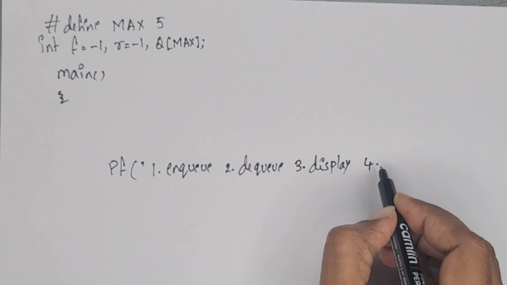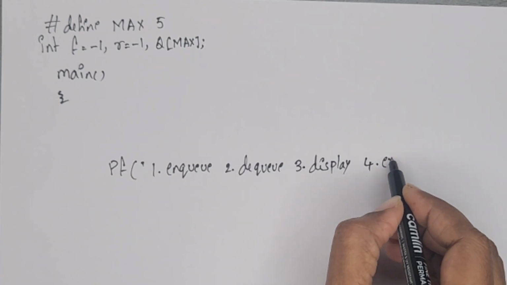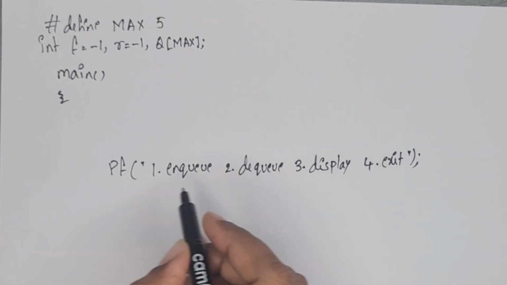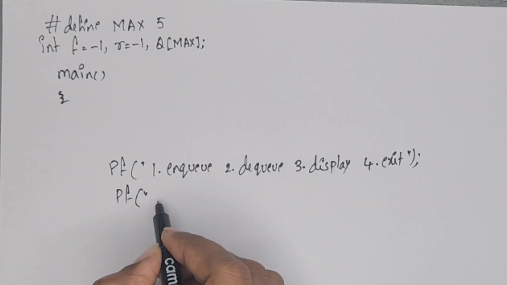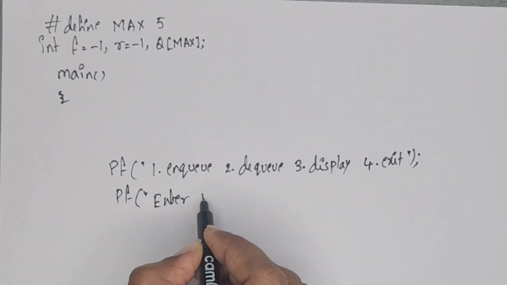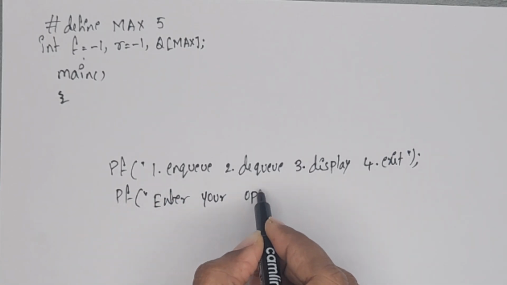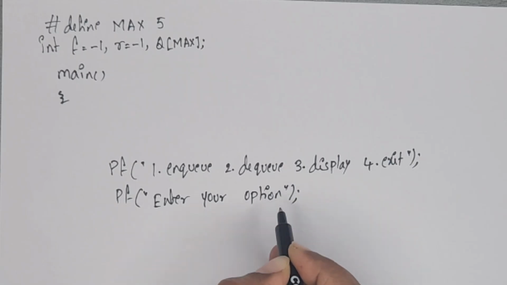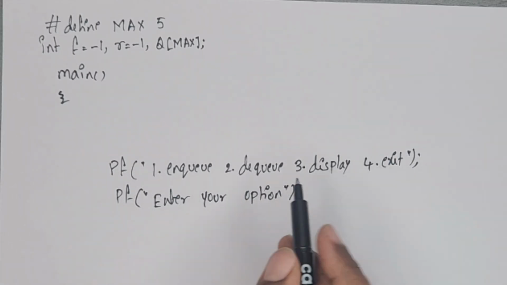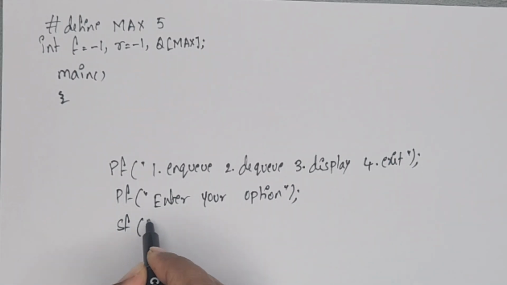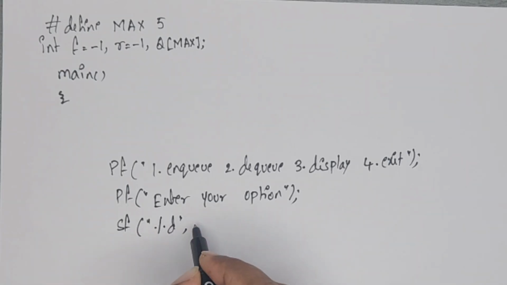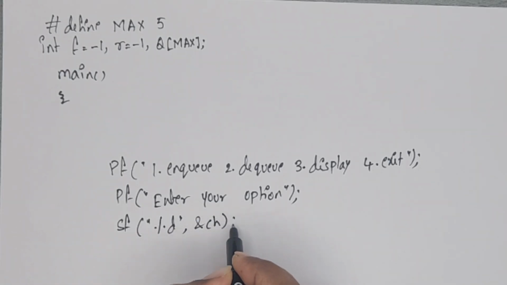And if you don't want to perform operations, you can simply call the exit function. So printf, enter your option. You can select any one option, 1, 2, 3 or 4. All these are integers, so that choice I'm going to assign to ampersand ch.